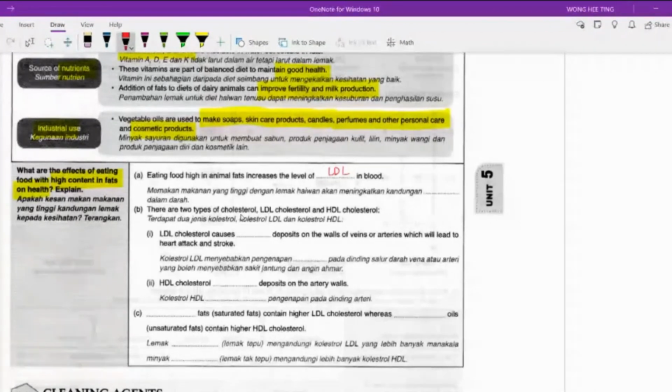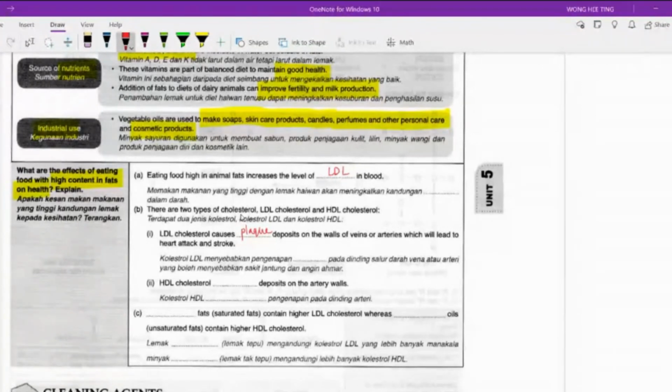There are two types of cholesterol: LDL cholesterol and HDL cholesterol. LDL cholesterol causes plaque to deposit on the walls of the veins and arteries, which can lead to heart attack and stroke. So which is not good.